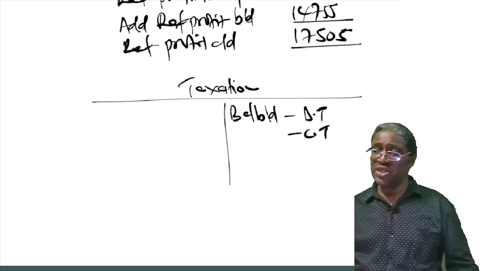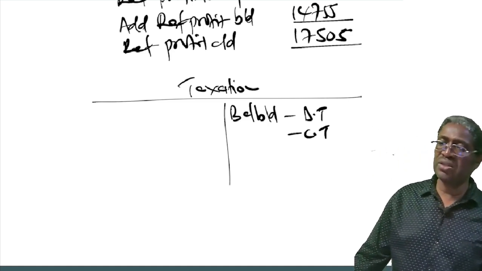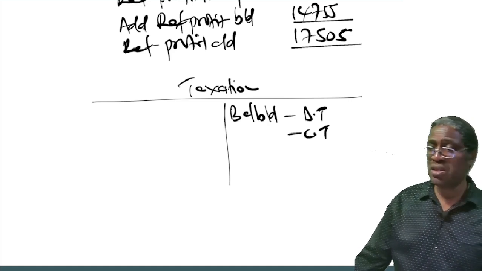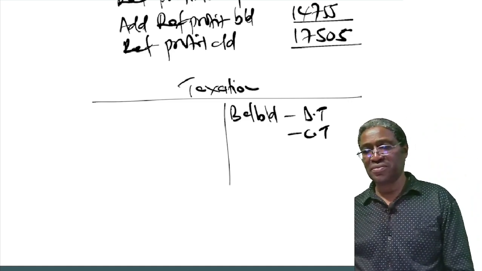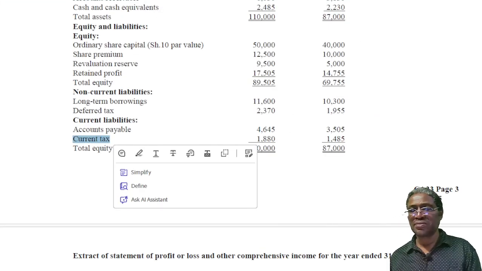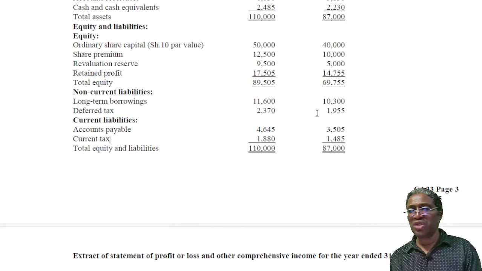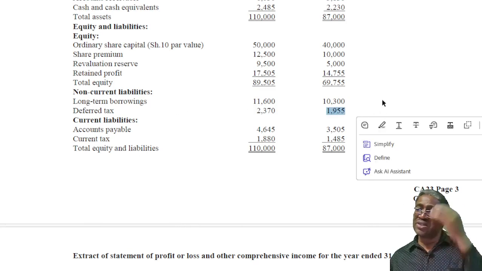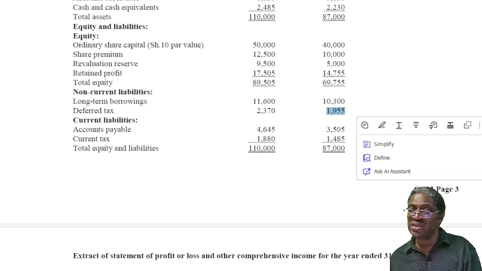We go to the balance sheet last year and we pick the opening liabilities by the beginning of this year. According to the balance sheet, the deferred tax last year was 1955.